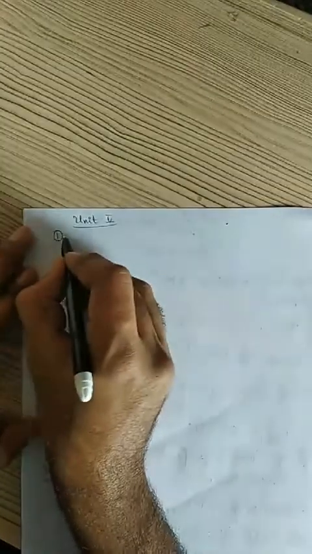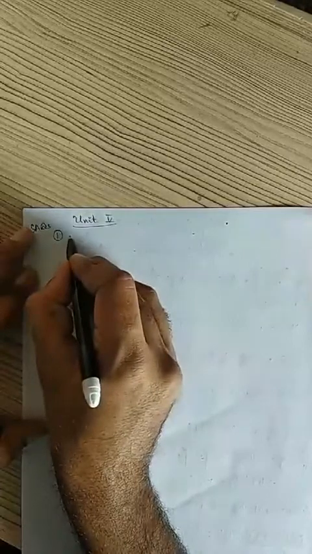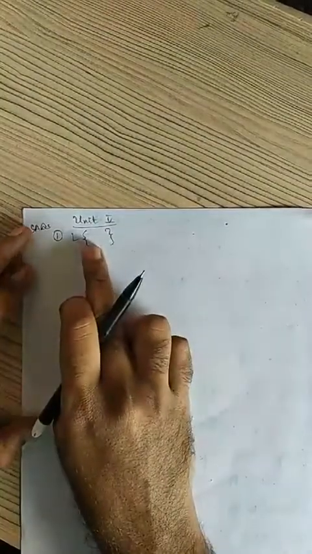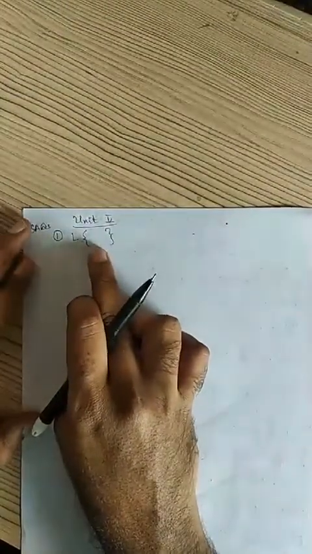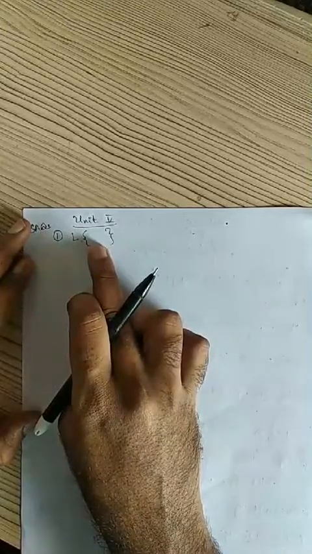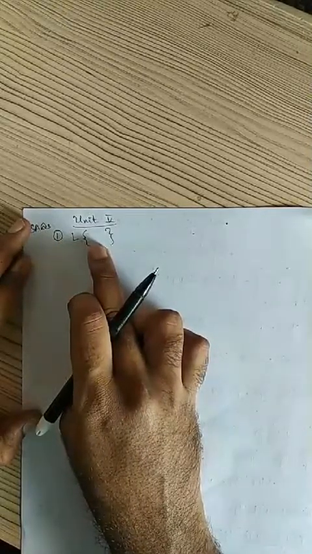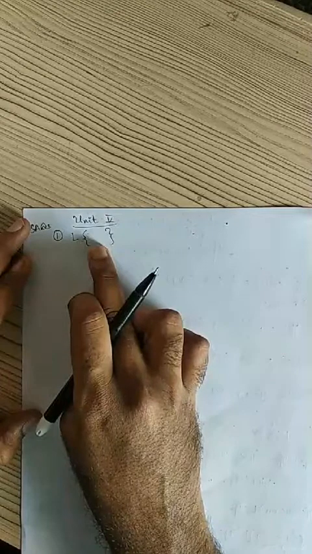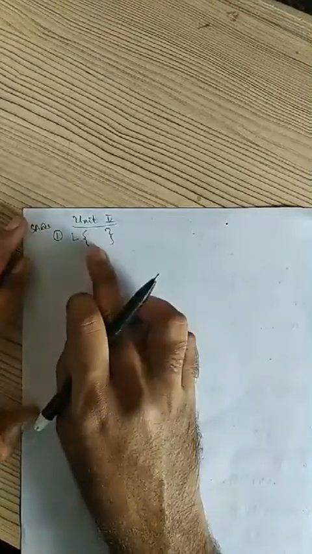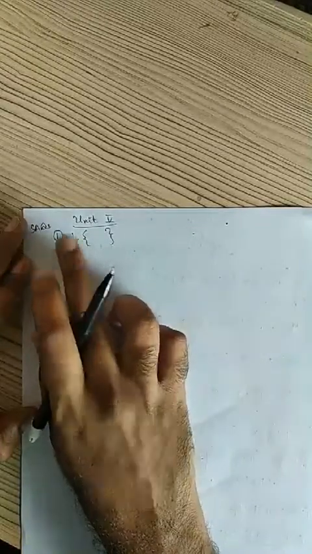First SAQ will be asked for evaluating the Laplace transform of some function. It may be the application of a shifting property, it may be the change of scale property, it may be the division by t, it may be the multiplication by t, it may be the derivatives of Laplace transform. Any property related question will be asked for first SAQ, right.